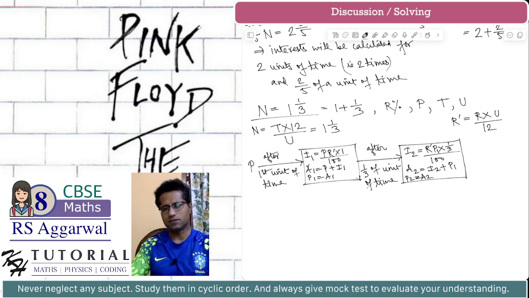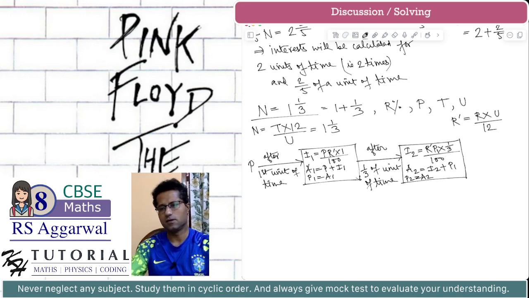So the first interest I1, if U is 6 months, is being calculated after 6 months. Now 6 months means 1 complete unit of time. So after 1 complete unit of time, or after 6 months, we are calculating the interest I1. Again, after 1/3 of unit of time, or after 2 months, we are calculating the interest I2.